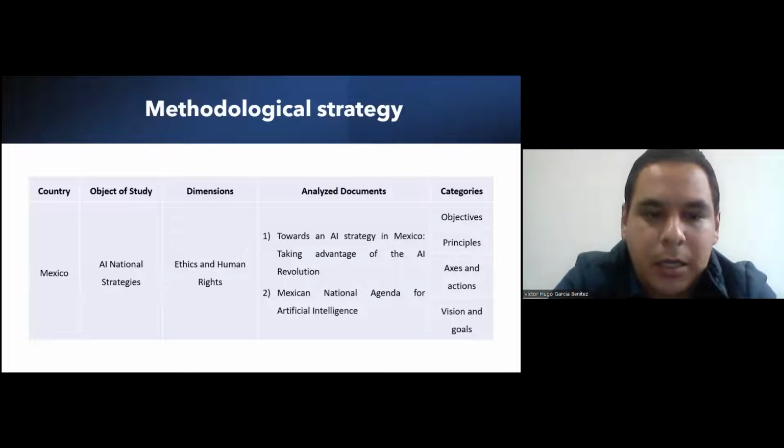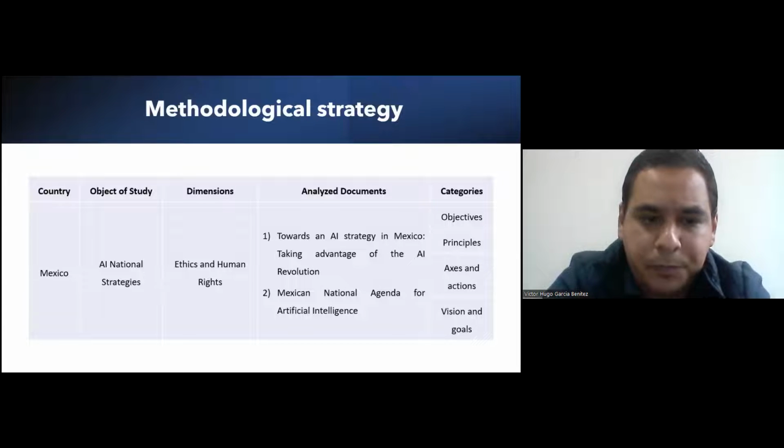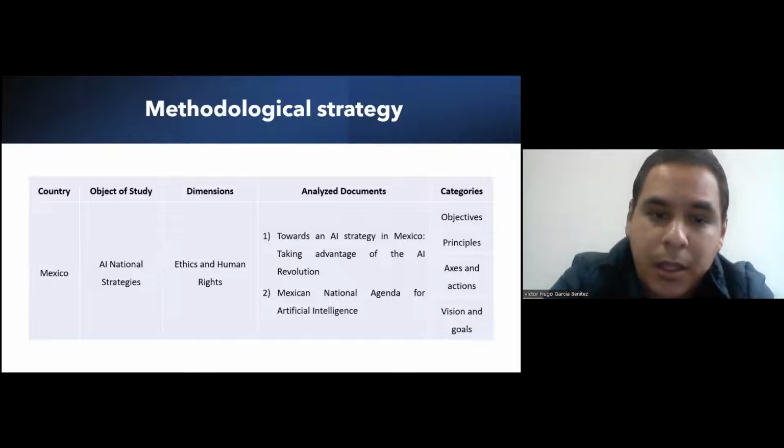Finally, we find that national artificial intelligence strategies have common or similar elements and characteristics, which we define as categories of analysis for this research. The first category is the objectives of the strategies.